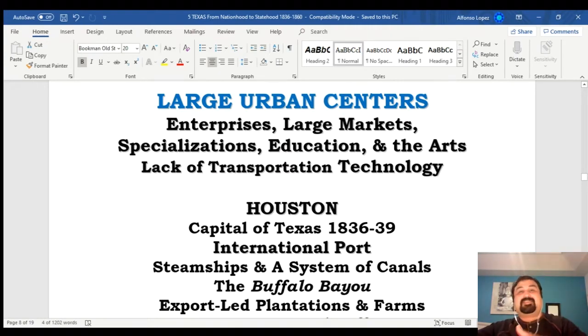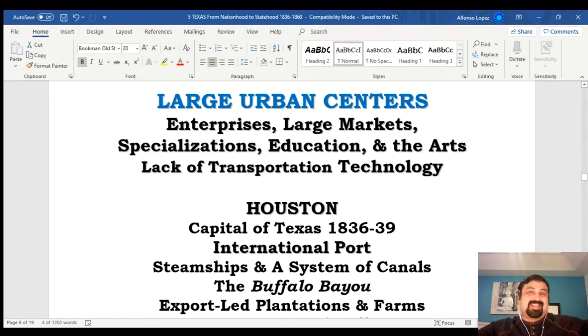Because in many cases those large urban centers are the places where you find education centers, schools, centers of learning. This is where people are actually getting educated. So again, the cities themselves are places where knowledge is being generated, produced, and passed on.